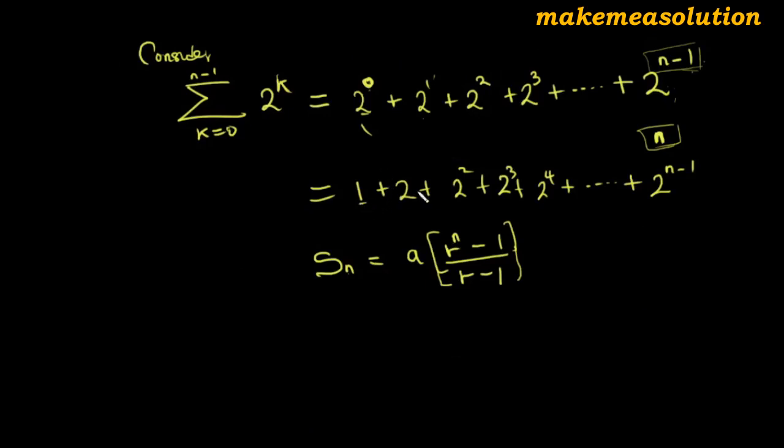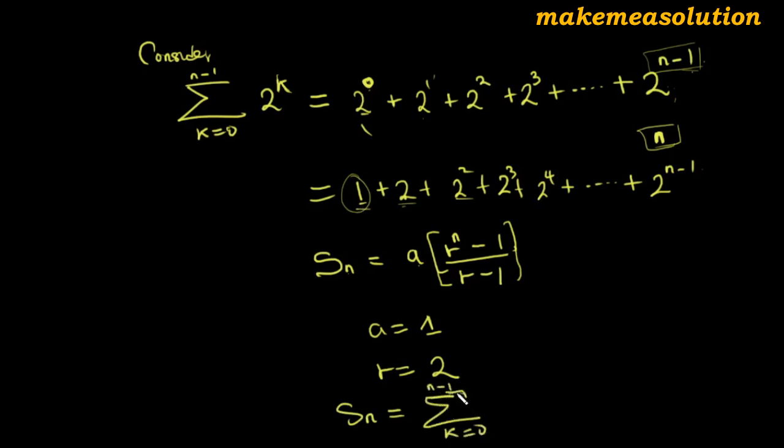I have n terms in this case, and I want to find the sum of these terms. I need to find my a, the first term, which is 1, and my common ratio, which is the ratio of the second term to the first, or the third to the second. If you check very well, you're going to get 2. Since we are finding the nth sum, our Sn corresponds to the summation from k equal to 0 to n minus 1 of 2 raised to the power of k.